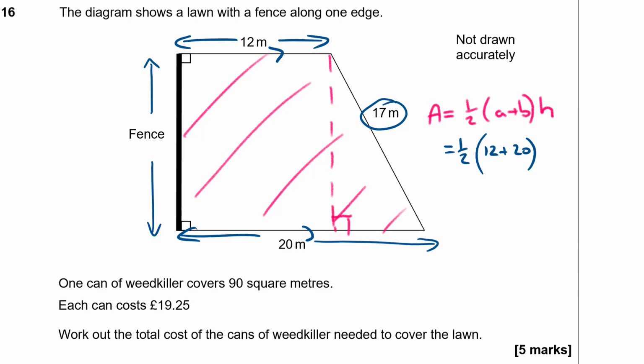Now we want to know h, the height. We've got the hypotenuse. What is the length of the baseline of the triangle? Well, this one is 12 and this one is 20, so the one at the bottom there is going to be the difference between the 2, which is 8.